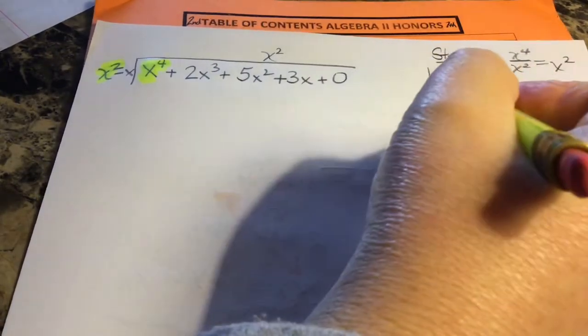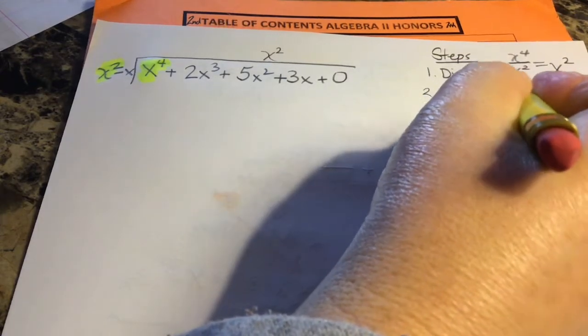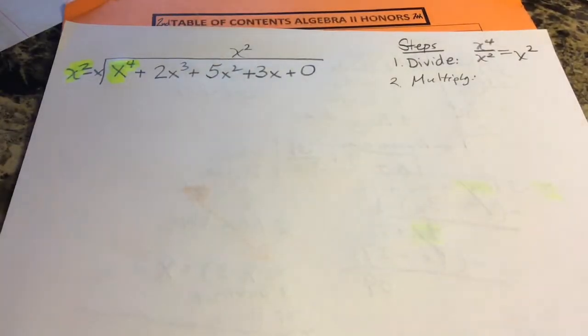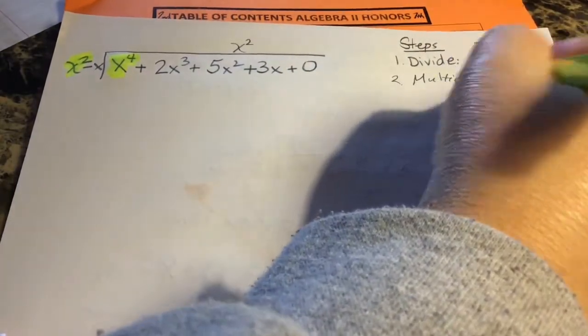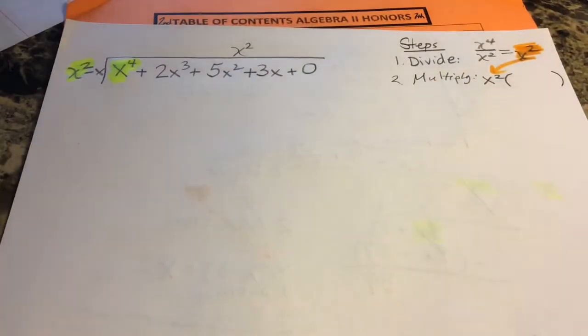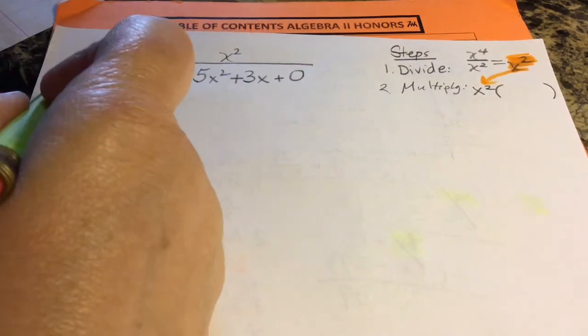The second step is to multiply. So I'm going to take that answer that I just put above the dividend, that answer of x squared, and bring it down. And then I'm going to multiply it by the divisor of x squared minus x.